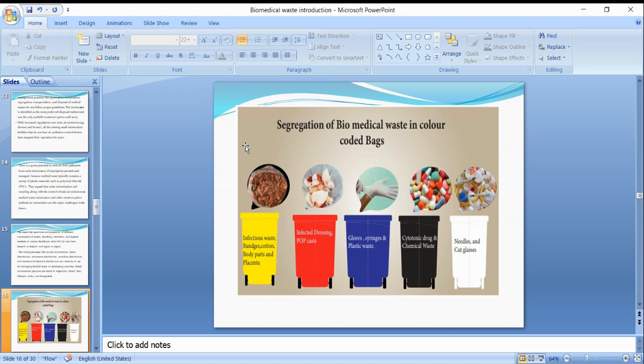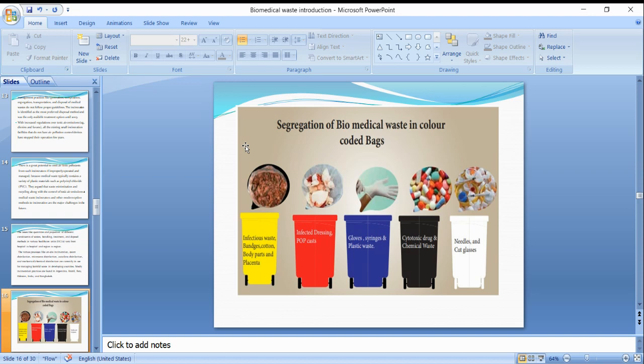The black one is for chemical waste, that is, medicines. The white one is for needles and cut glass, and also bottles and plastic.